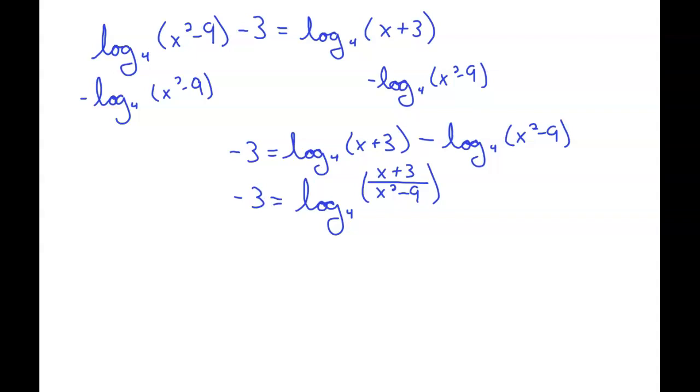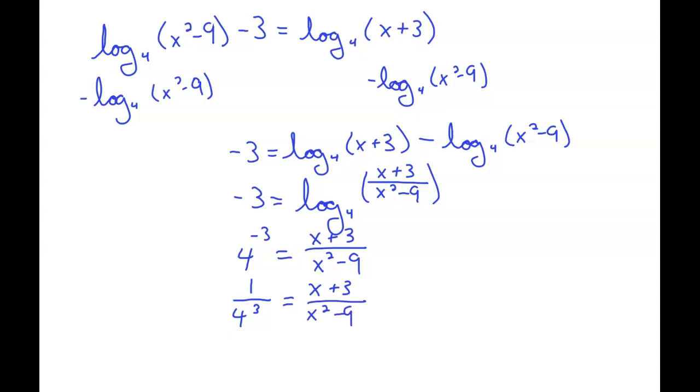So I'm going to get 4 raised to the negative 3 is equal to x plus 3 divided by x squared minus 9. Now, 4 to the negative 3 is the same thing as 1 over 4 to the third.